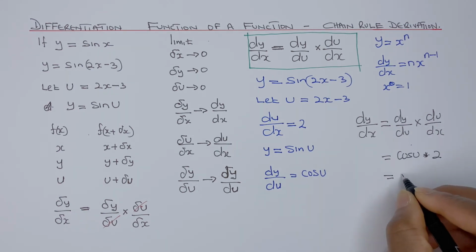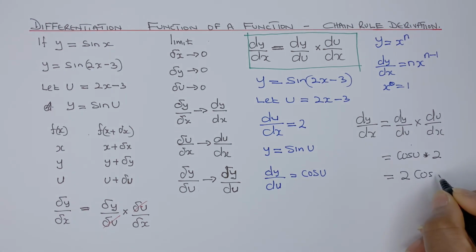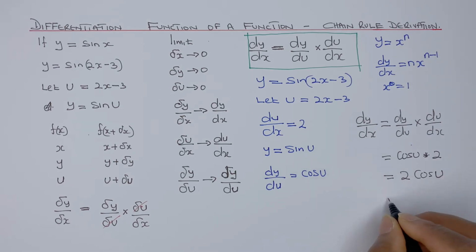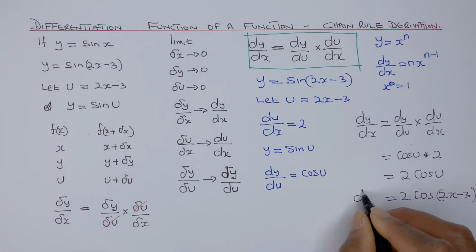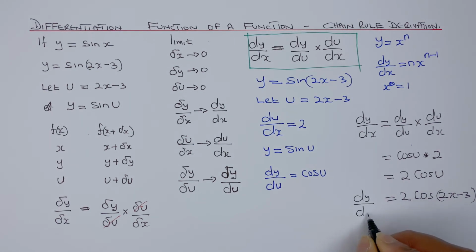So that would be 2 cos u, which equals 2 times, we know what u is, cos of 2x minus 3. So that is dy over dx.